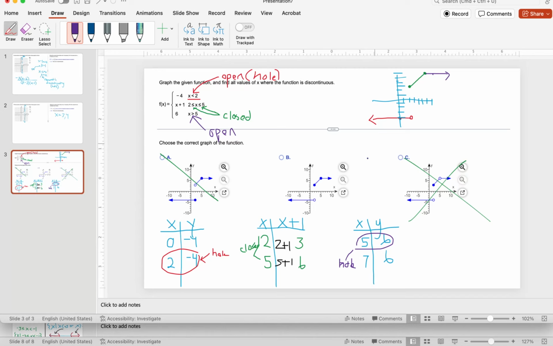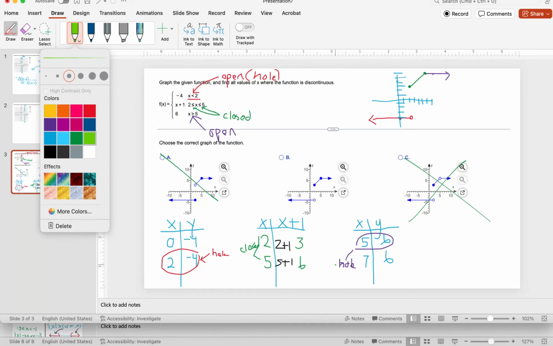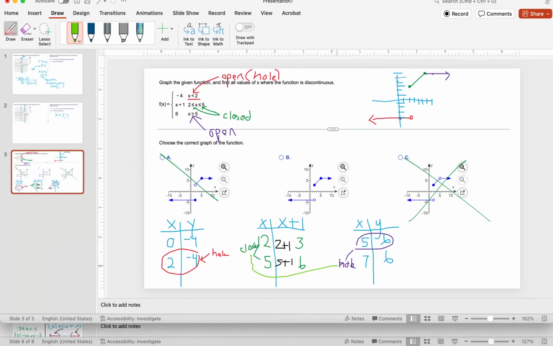But yeah, so even though that says hole here, this trumps that. So closed since one of them is closed. As long as one of them says it's closed, it's going to be closed, okay? Since one piece says closed.